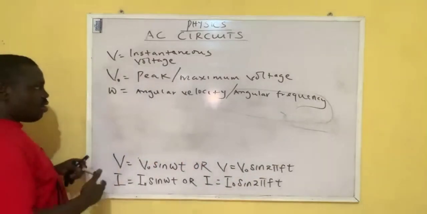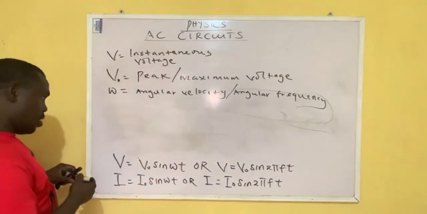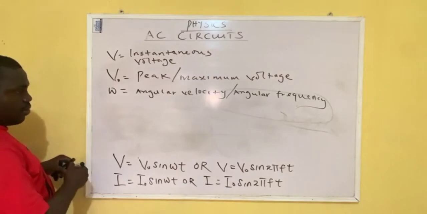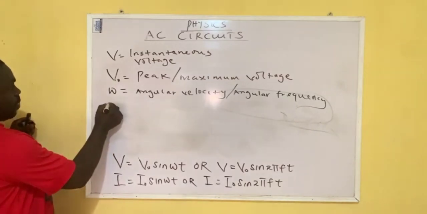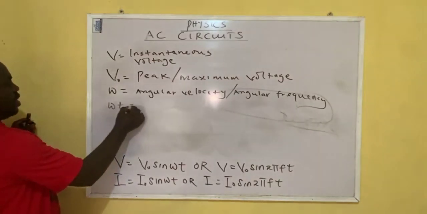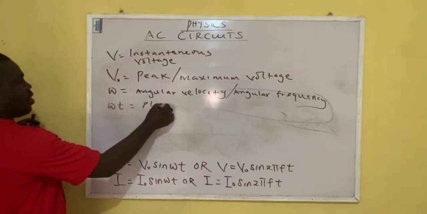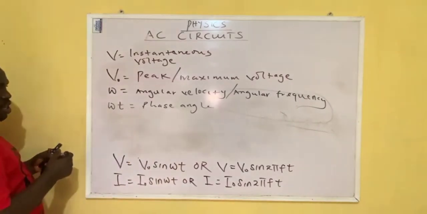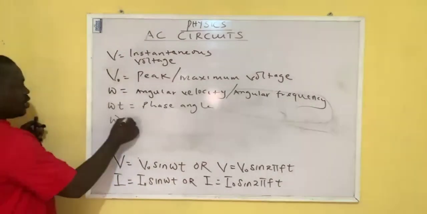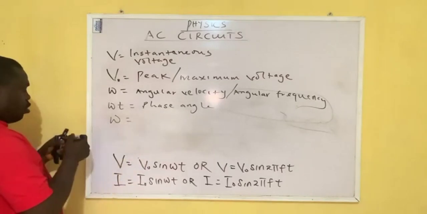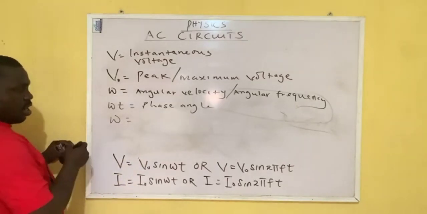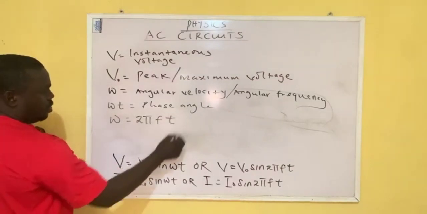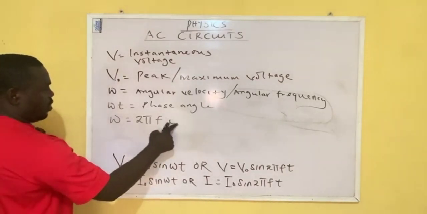Okay, you have t right there. Our omega t together is called our phase angle. When you combine the two together, do not forget that your angular frequency or your angular velocity has a formula, and that's 2 pi f.